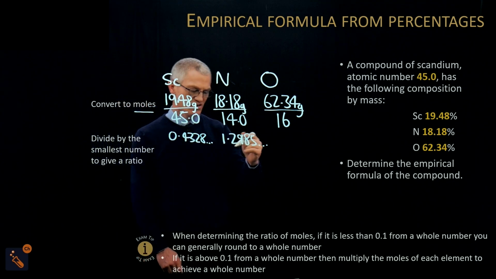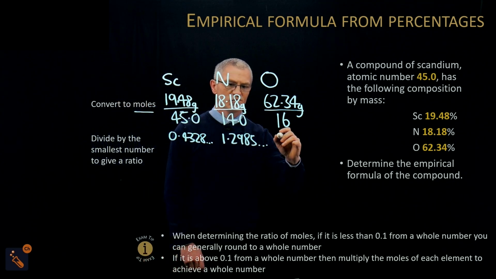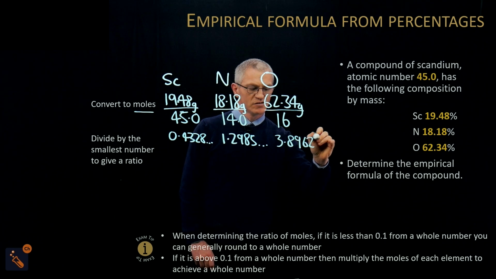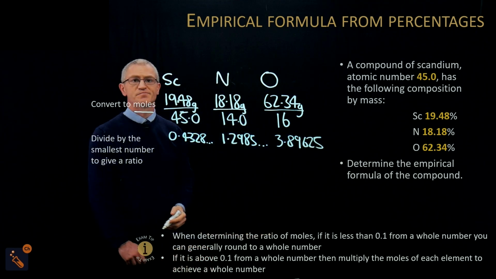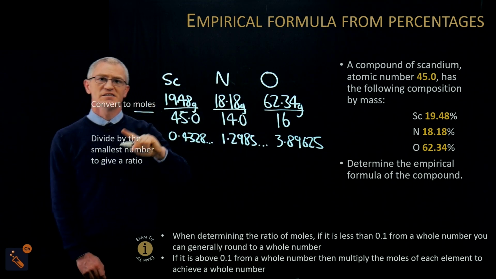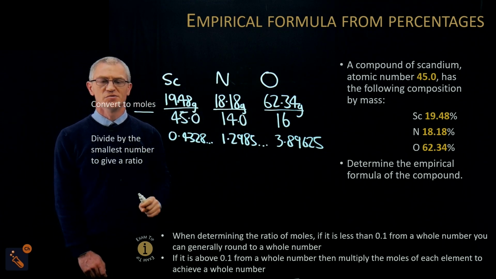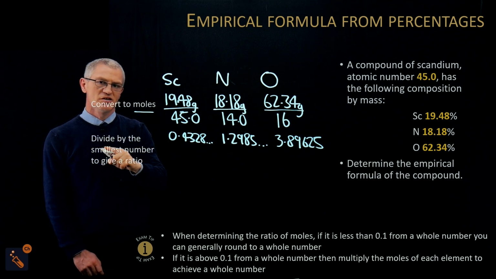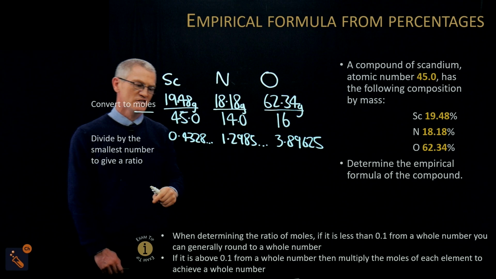Okay, and then from there we have 3.89625 for the last one. So we've got a number of moles of each of those. We've calculated that by looking at mass over atomic mass. We now need to divide by the smallest number to give the ratio.